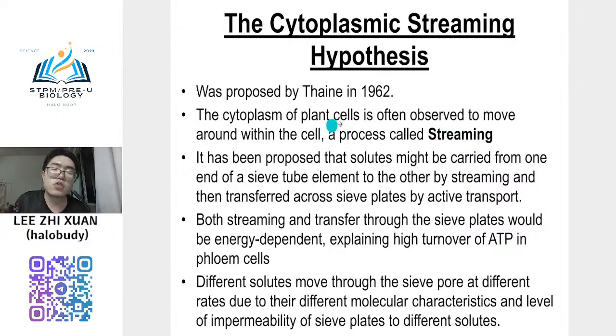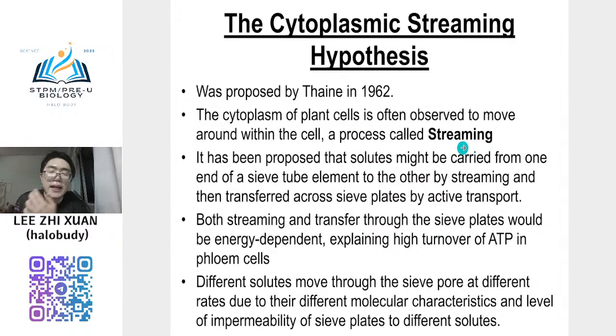Streaming is when your cytoplasm moves around within the cell, meaning that your organelles or any nutrients inside the cell can be moved around freely. This process is called streaming.